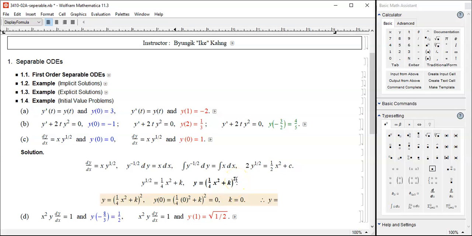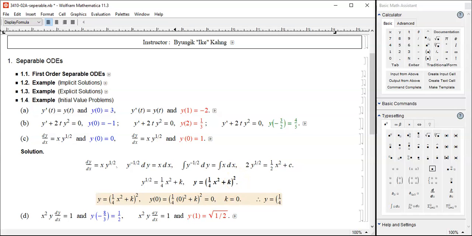So 1/4 x squared plus 0, total quantity squared, because k is equal to 0. And this can be simplified further. 1/4 squared is 1/16, and this is going to become x to the 4th power.